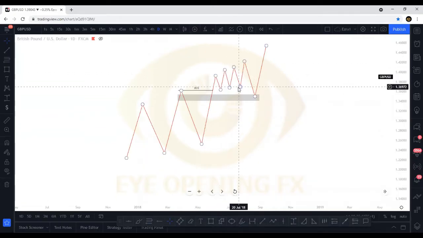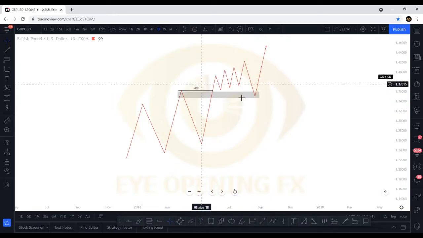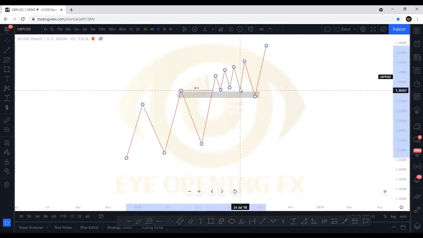None of these highs grab liquidity or test a secondary point of interest. None of these lows grab liquidity or test a secondary point of interest.